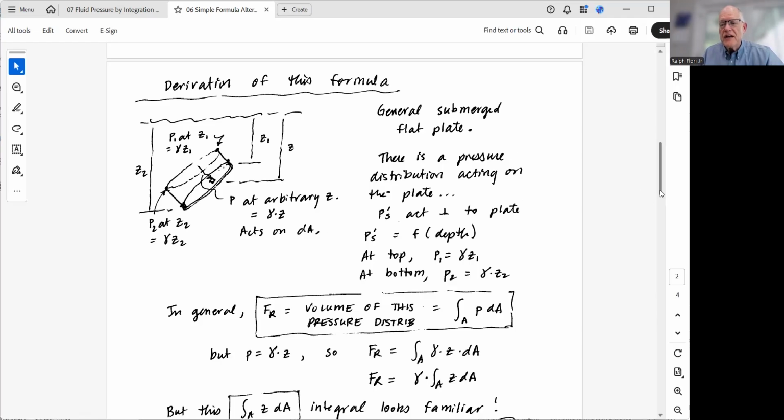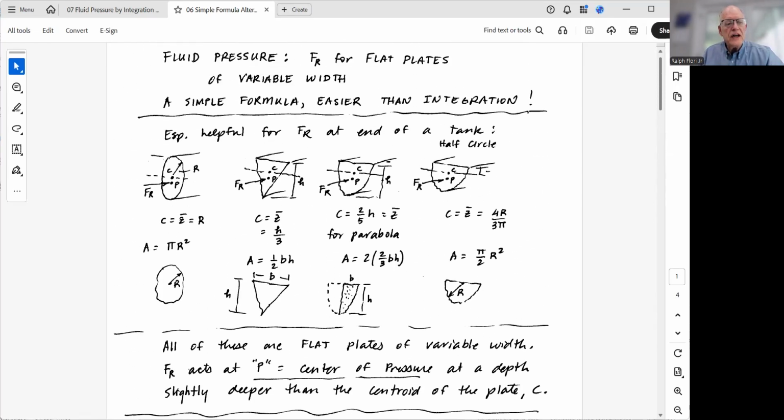So these are the cases that we're looking at: a circle, triangle, parabola, half circle, or whatever. The formula is calculating the resultant force. Gamma is the specific weight of the fluid, whatever that is.